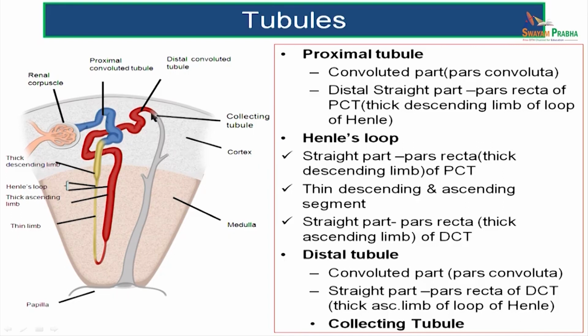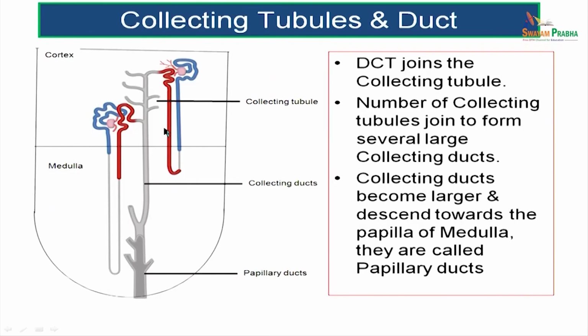The distal convoluted tubule connects with the collecting tubule. You can see in this picture, this is outer cortex, this is the inner medulla, the distal convoluted tubule is going to join the collecting tubule. So, you can see that number of collecting tubules from different nephrons are going to join and form the collecting duct.